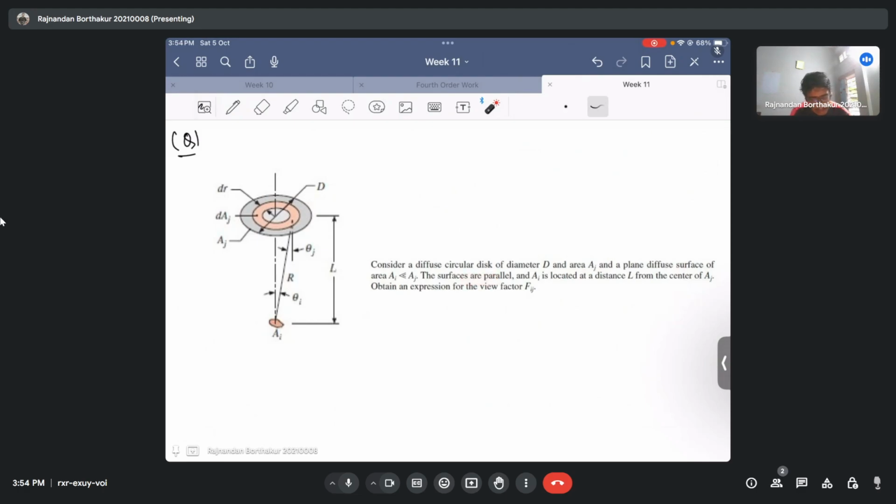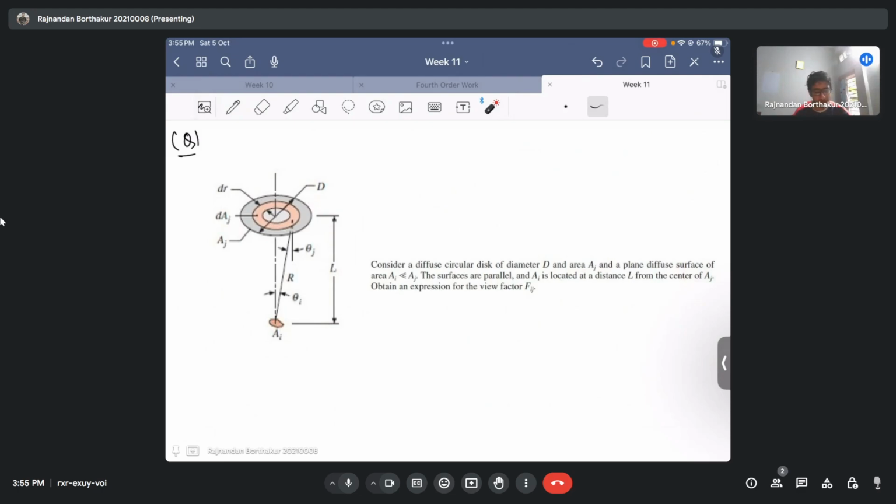And the surface Ai is located at a distance of L from the center of Aj. So what they are saying is that the distance between the centers of this very small surface Ai and surface Aj is L, and this is how Ai and Aj are oriented in space.